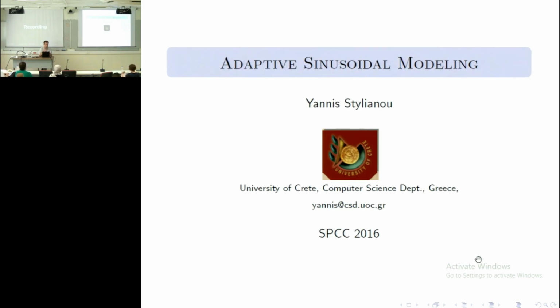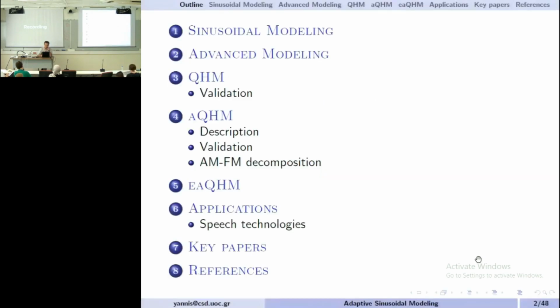Now we will talk about the adaptive model. Some aspects of adaptive. You will see here a lot of names like QHM, adaptive QHM, extended adaptive QHM, and some applications. The key, however, I'm telling you from the beginning, is this one. This is really the one that does the job.